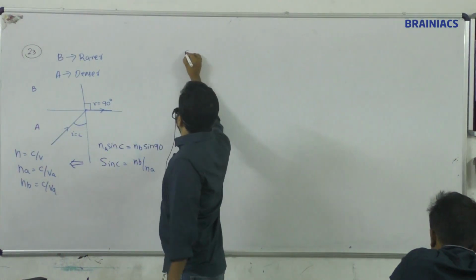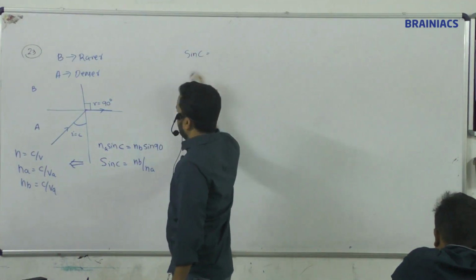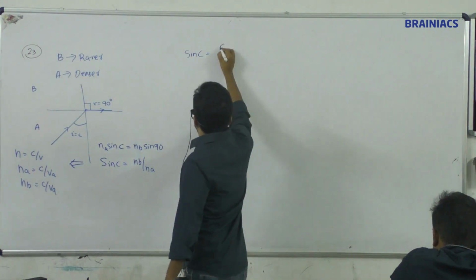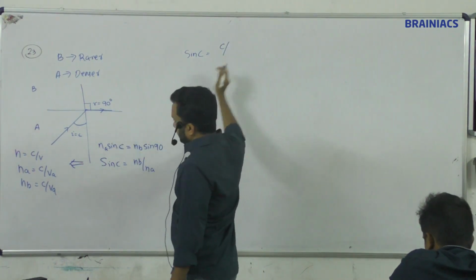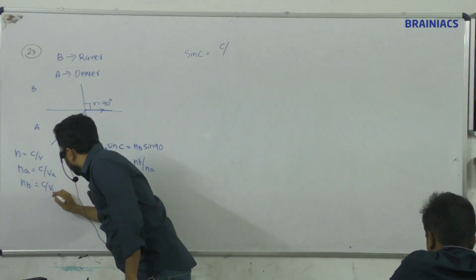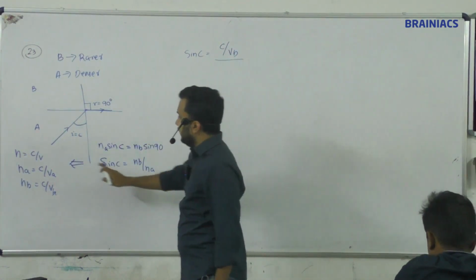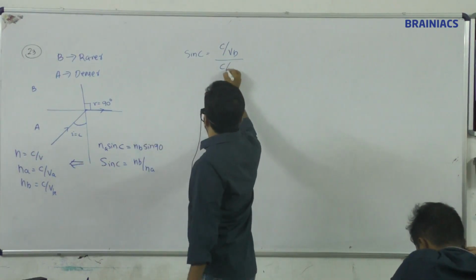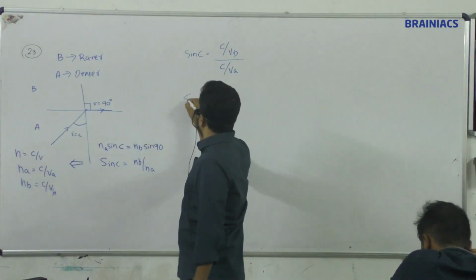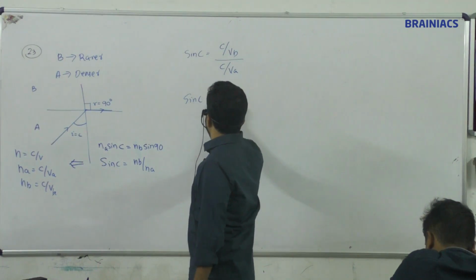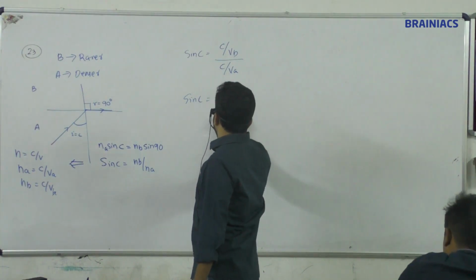So the critical angle sin C is equal to nB, which is c by vB, whole divided by nA, which is c by vA. So sin C is equal to vA by vB.